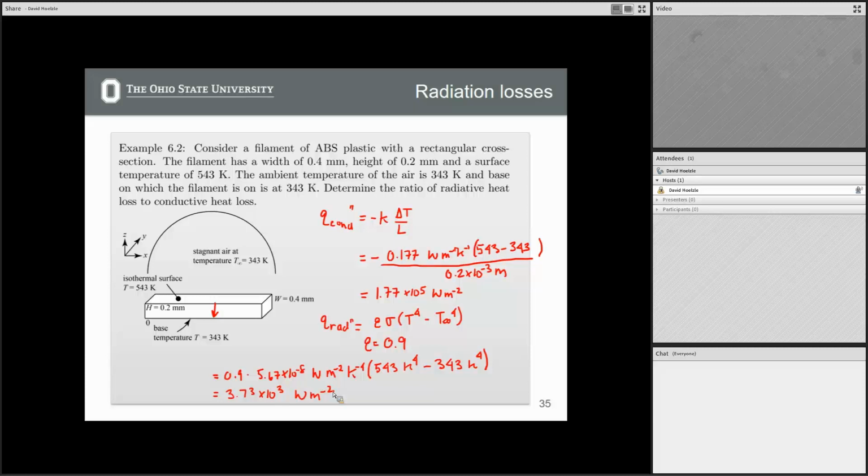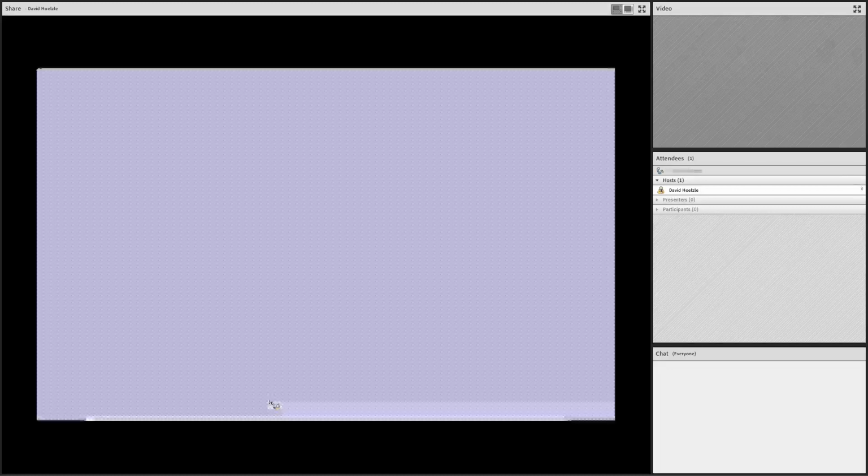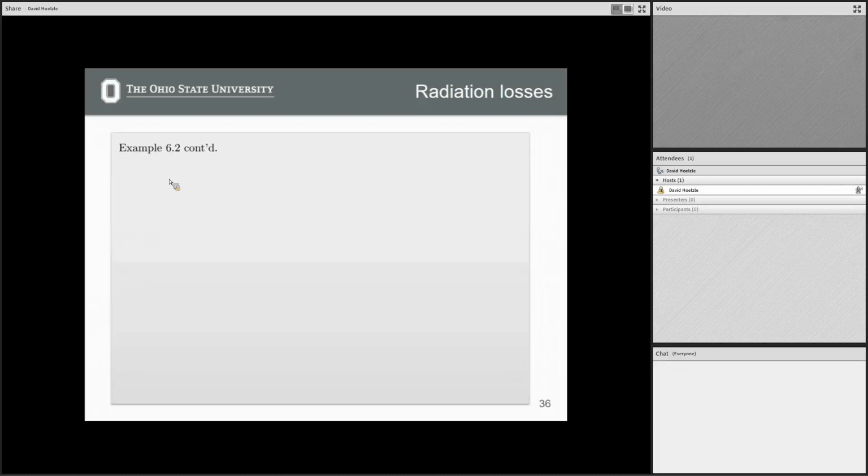Now we can look at the ratio. So you have conductive heat transfer on the order of 10 to the 5, and radiant heat transfer on the order of 10, so we have a good idea of the rough order of magnitude here. Q rad over Q conductive, we get 0.02.